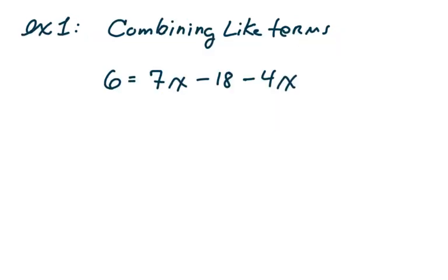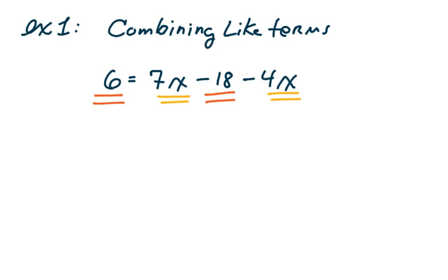I want to combine like terms here. So I have 6 is equal to 7x minus 18 minus 4x. I have two sets of like terms: things that are being multiplied by x, and just whole numbers.